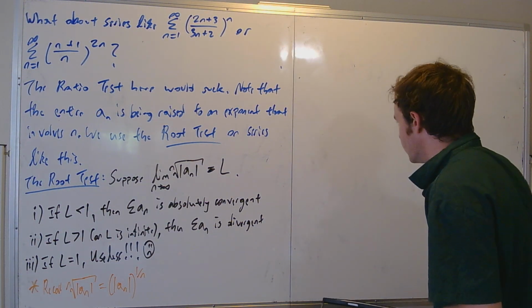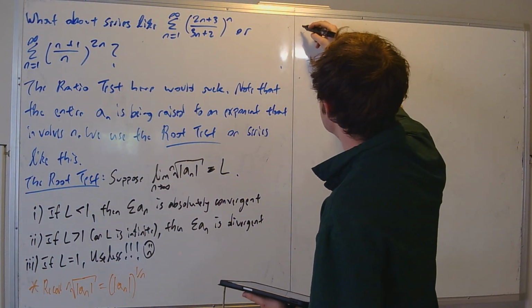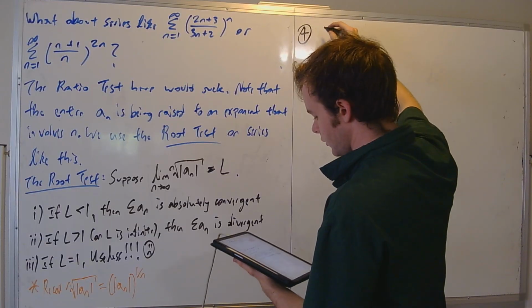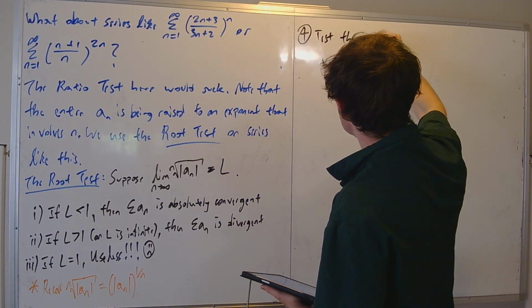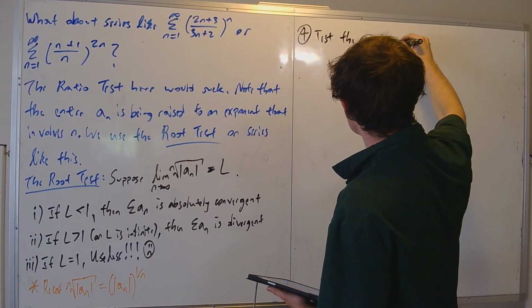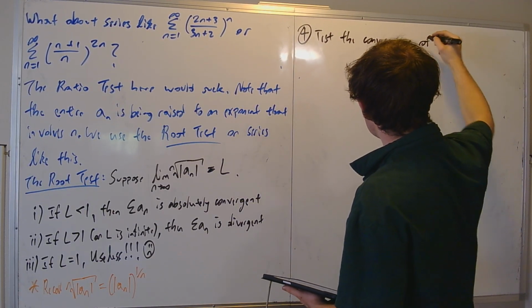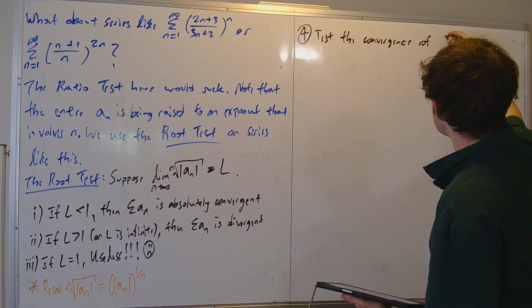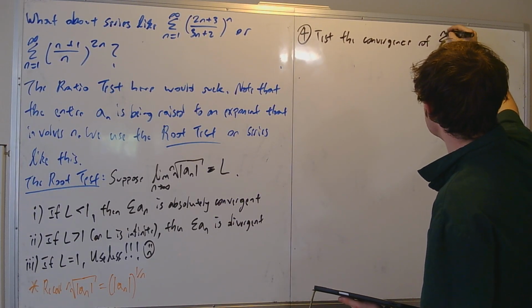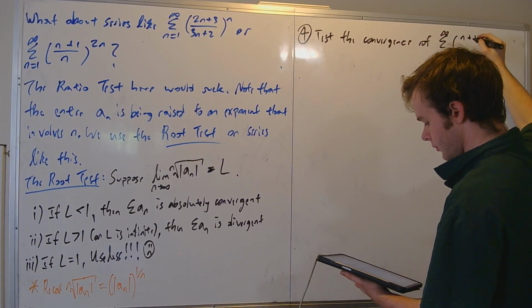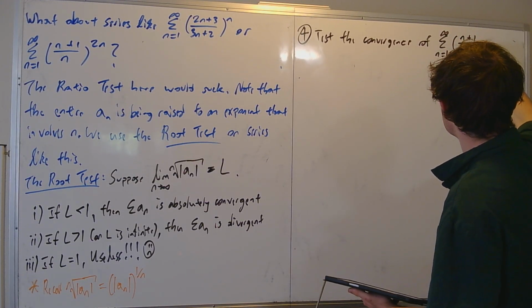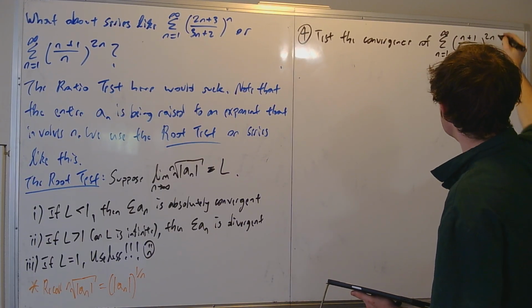So example number 4 is going to say test the convergence of the sum from n equals 1 to infinity of (n plus 1 over n) to the power of 2n.